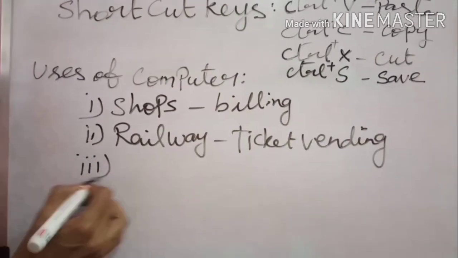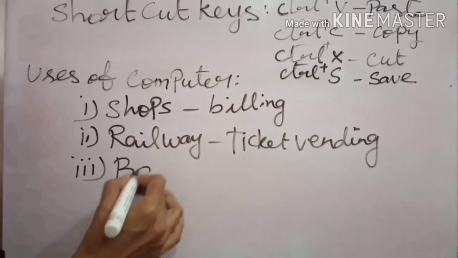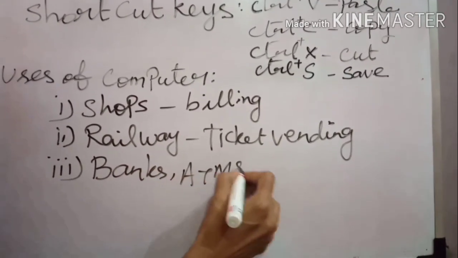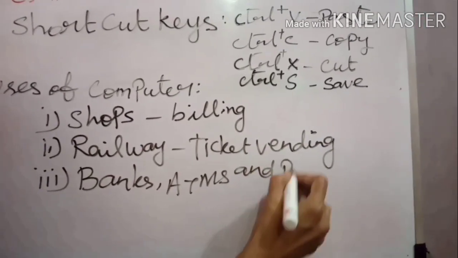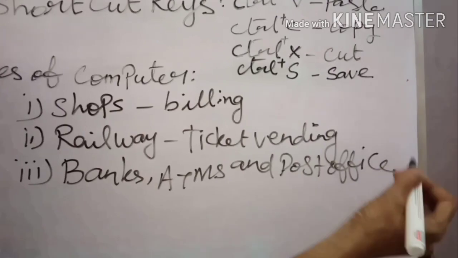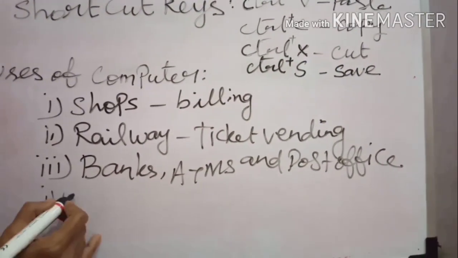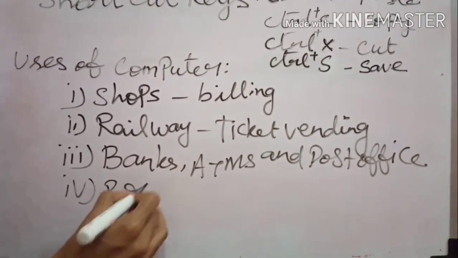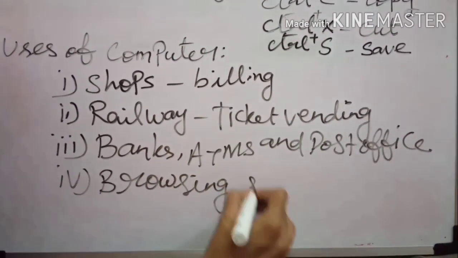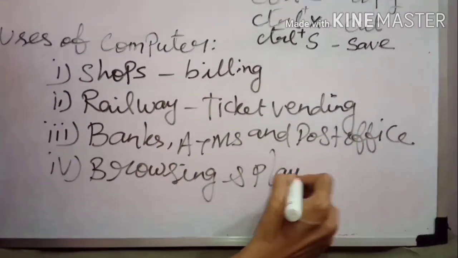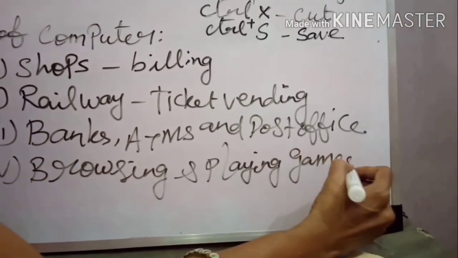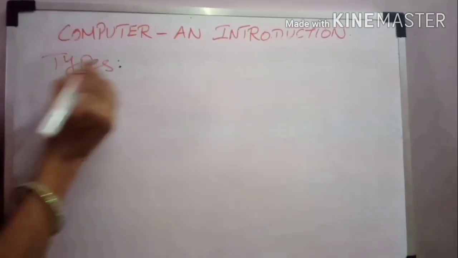Third, in banks, ATMs, and in post offices, they are using computers. And fourth, in a browsing center and for playing games, we are using computers.